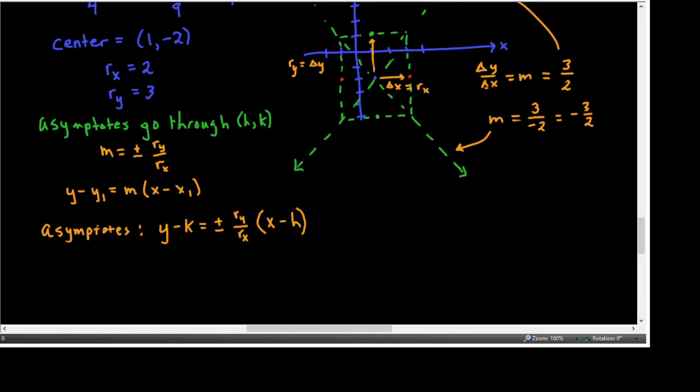So for this particular problem, the center being at 1, 2, this will be y plus 2, y minus negative 2 is y plus 2, equals plus or minus r sub y 3 over r sub x 2 times x minus 1. These are the asymptote equations.